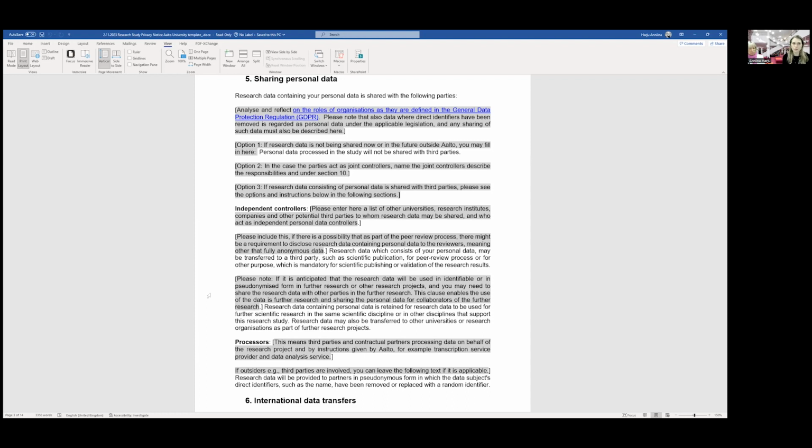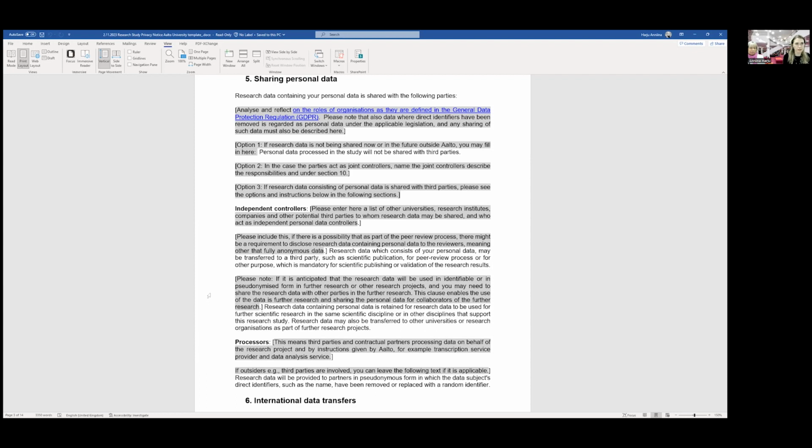But if you have such a case, please do not write that no personal data will be shared outside Aalto University, because then it gets really difficult. If the data has been collected, you have promised that the data will not be shared outside Aalto, and then you have an interesting collaborator who would need access to the data. So it's really hard to try to inform the participants, because you have not given them any information about the upcoming updates or where they can find the updated privacy notice.